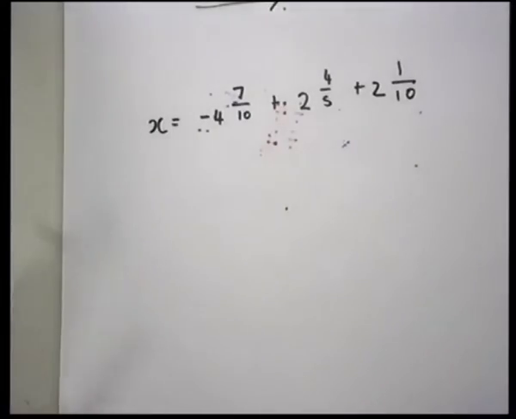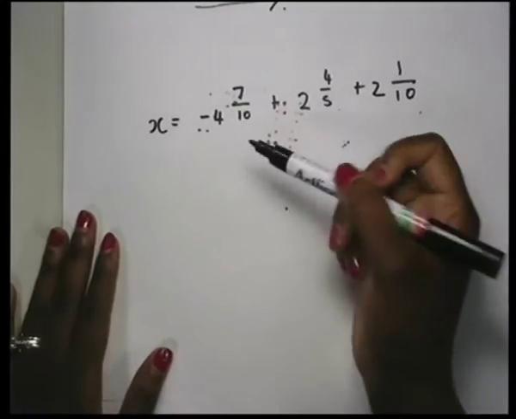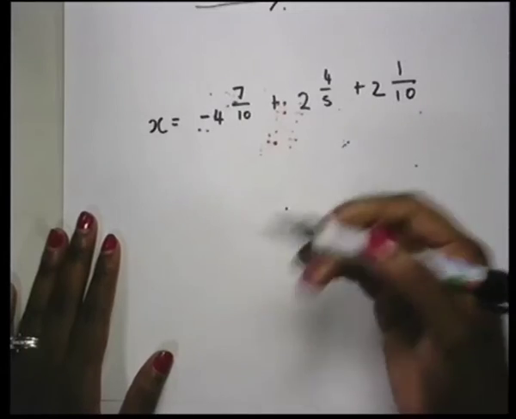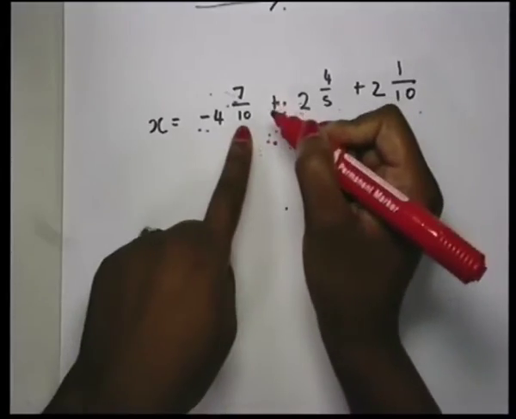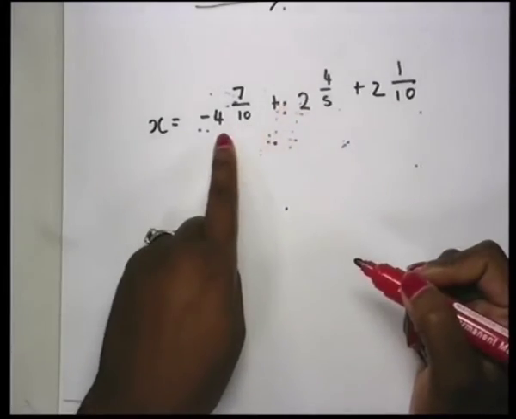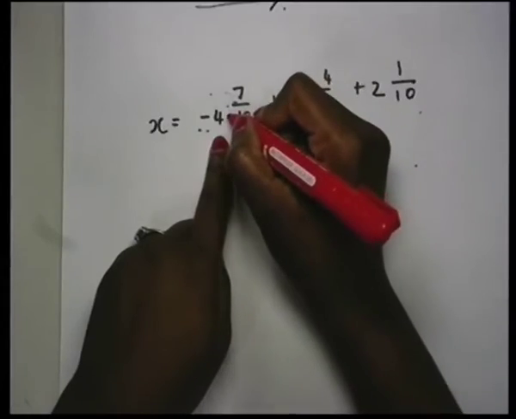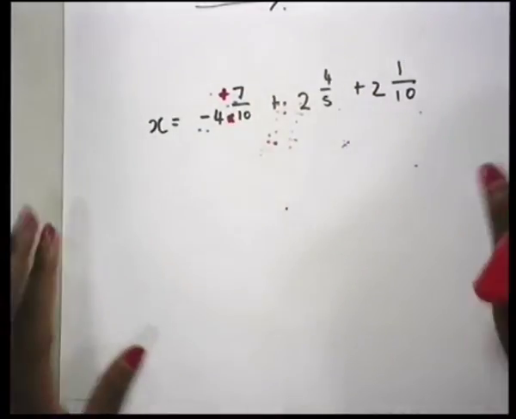This is how you do it. Remember that if you want to change a mixed fraction into an improper fraction, you need to take the denominator times the number in front, which is in this case 4, and then we're going to have to add the numerator.